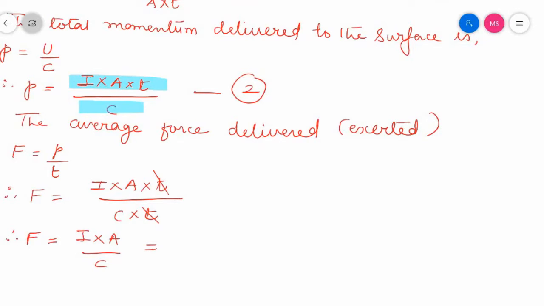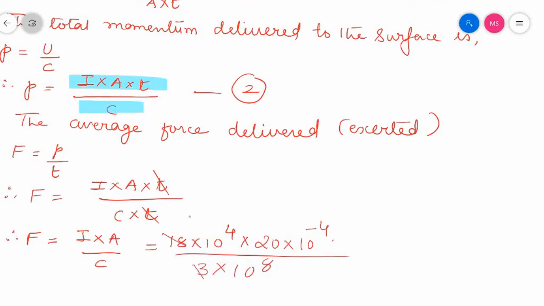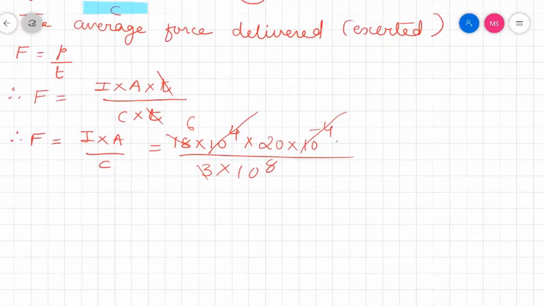now intensity in this example is given as 18 into 10 to the power 4 watt per meter square. Area is given as 20 into 10 to the power minus 4 meter square, and speed of light is 3 into 10 raised to 8 meter per second. 3 6 is 18, 10 to the power 4 and 10 to the power minus 4 will get cancelled.